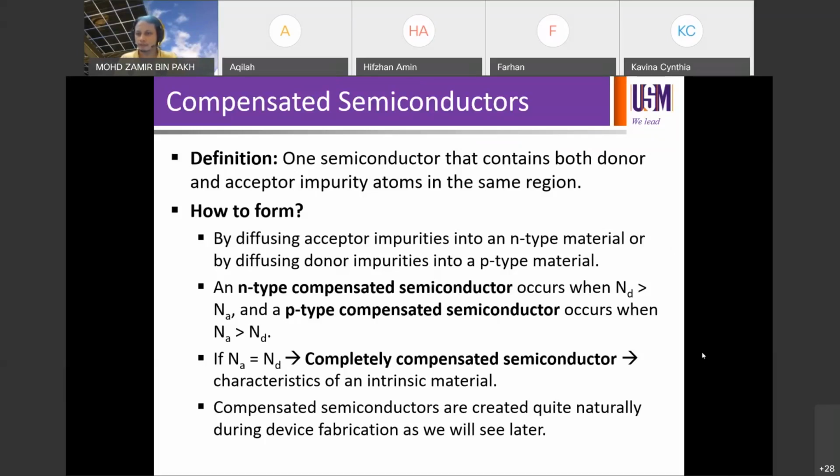Kavina, acts like a metal due to high doping level. All right. What else? A semiconductor with high doping level that starts to act like a metal. All right. Anything else that you can say about a degenerate semiconductor?